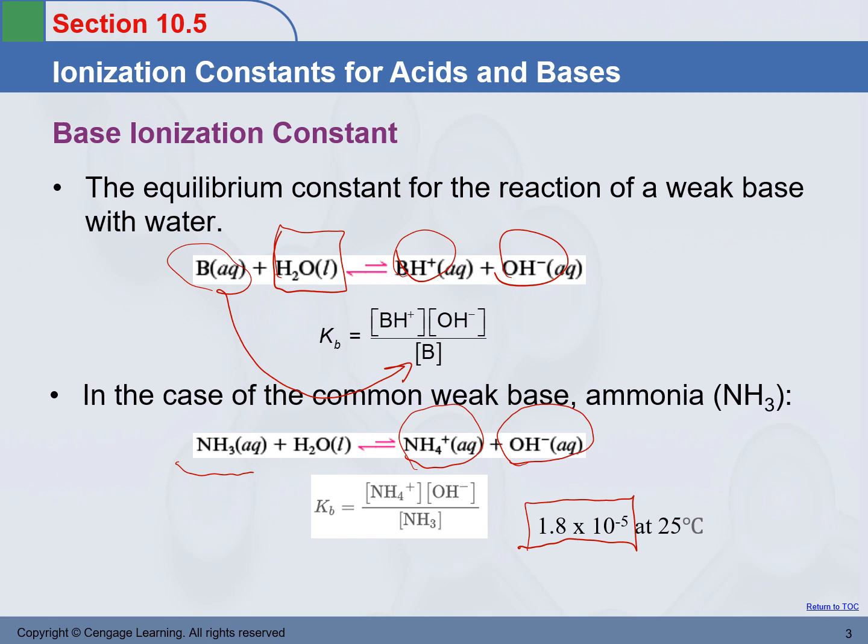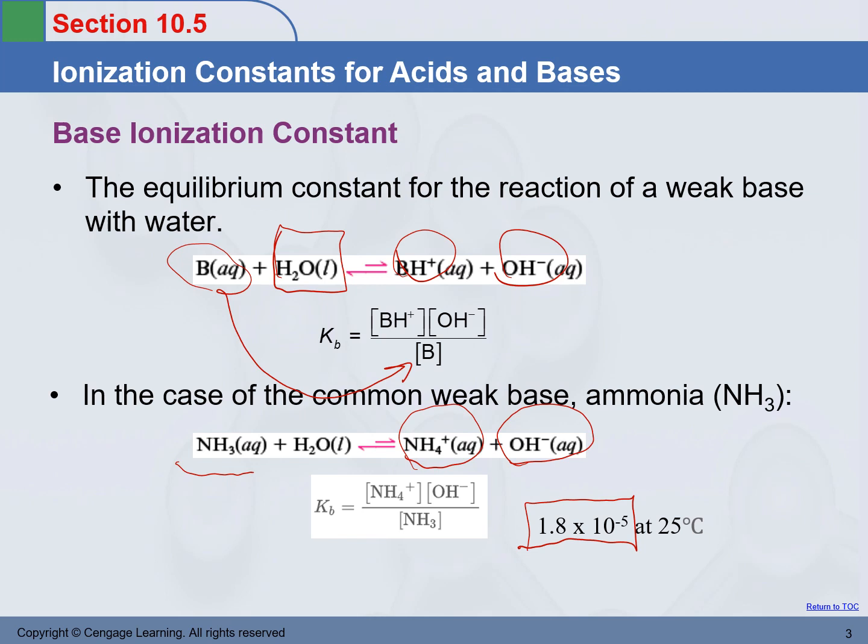Kb is not as useful as Ka. I am not going to test you on any questions on Kb in this class. So when you study, focus on Ka, acid strength. The stronger the acid, the greater the Ka, the greater the percentage of ionization.